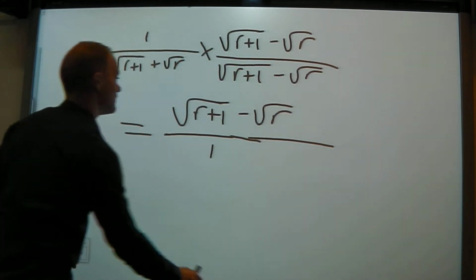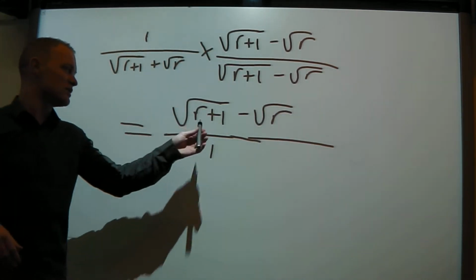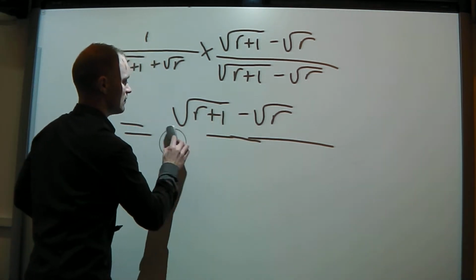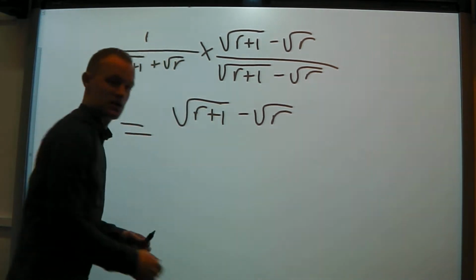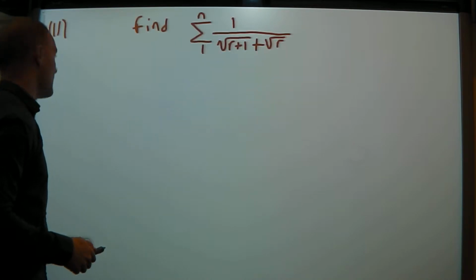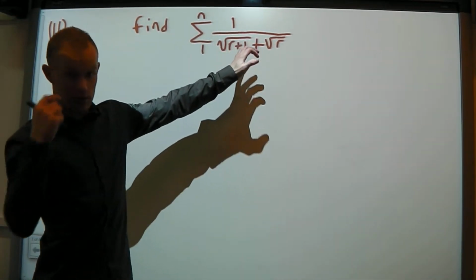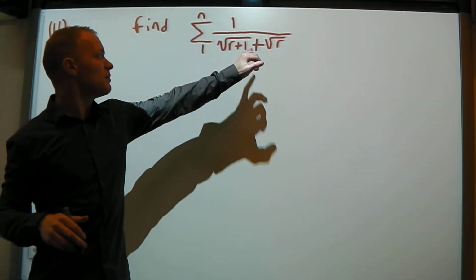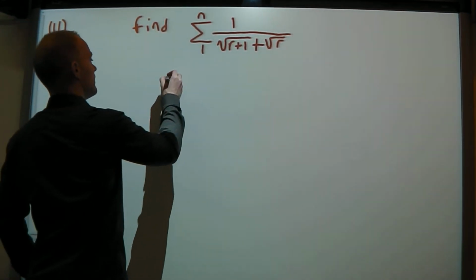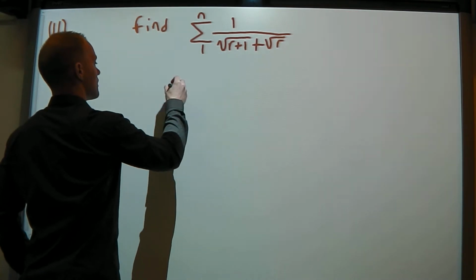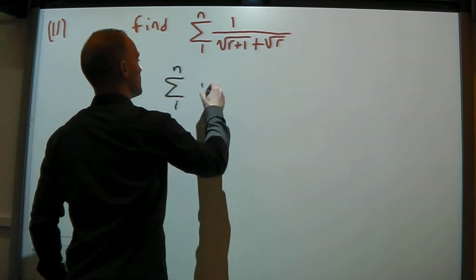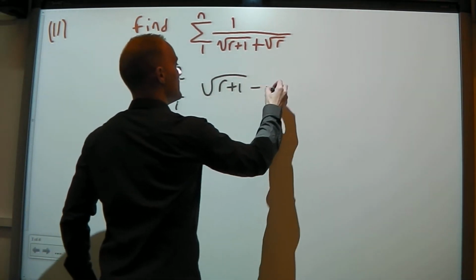So on to the next part of the question here. Well, generally we want to use this here for the next few parts of the question because it's just an easier expression to work with. Here we're asked to find the sum to n terms of 1 all over root r plus 1 plus root r. Well, we just rewrite that as the sum to n terms of root r plus 1 minus root r.